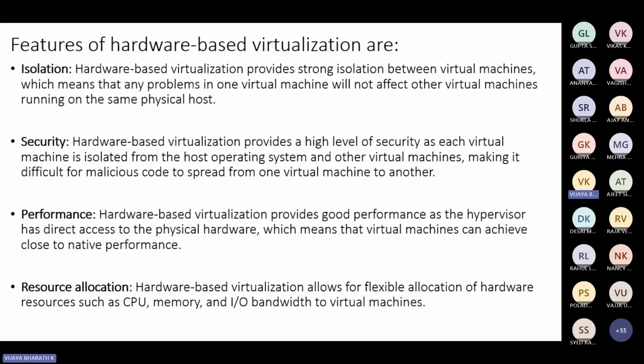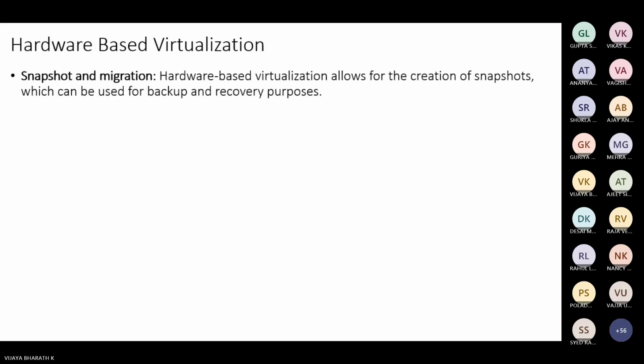Next is resource utilization. Here hardware-based virtualization allows flexible allocation of hardware resources such as memory, CPU, I/O, and bandwidth to the virtual machines. Next is snapshot and migration.